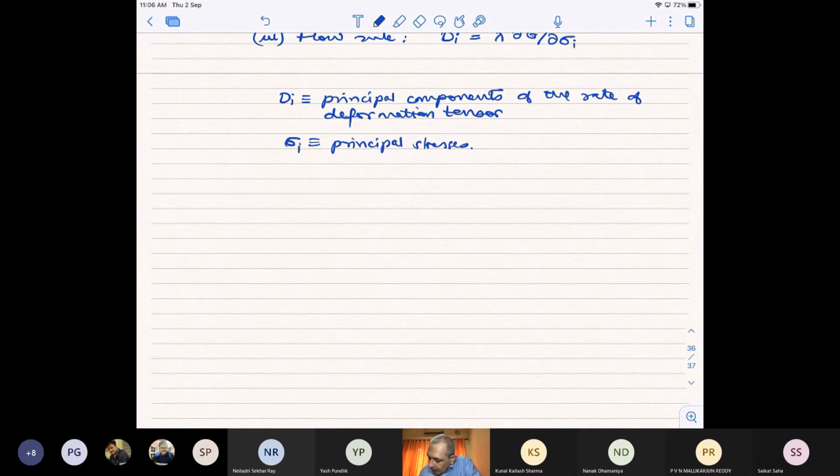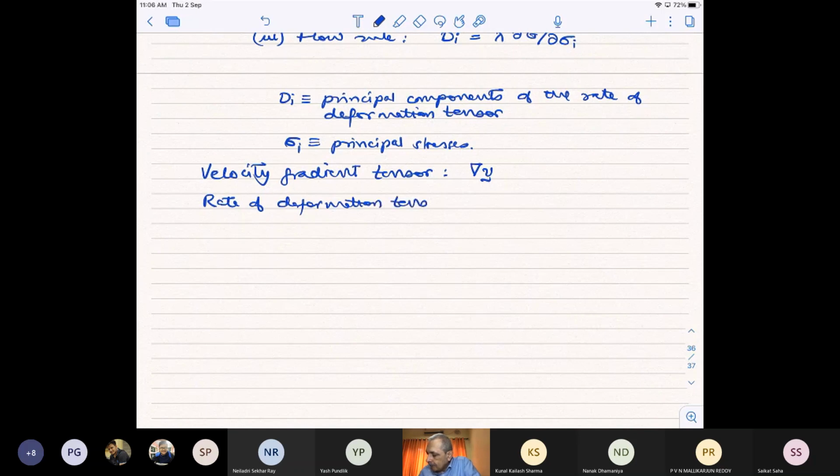If the velocity gradient tensor is given by gradient of v, where v is the velocity, then the rate of deformation tensor, generally designated as d, is simply gradient of v plus gradient of v transpose divided by 2.